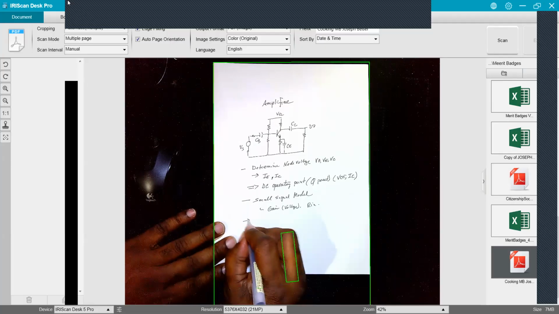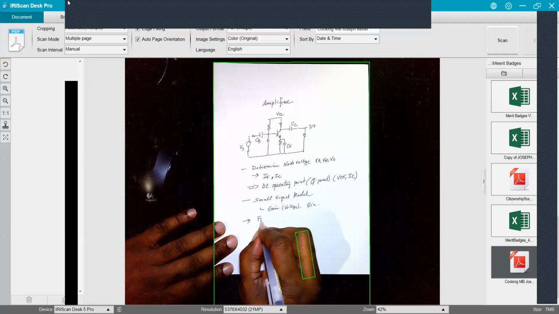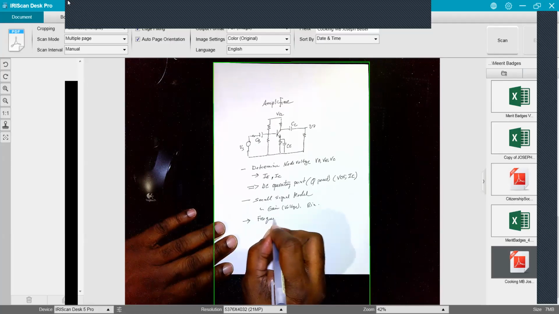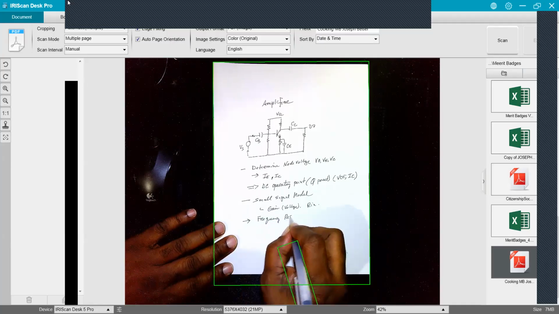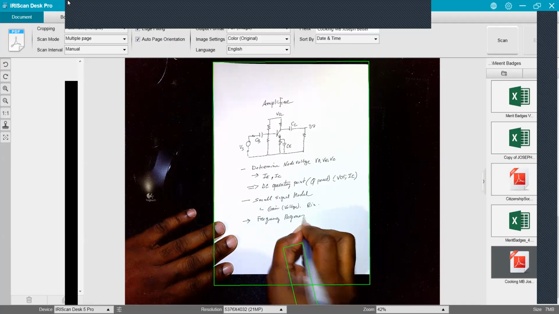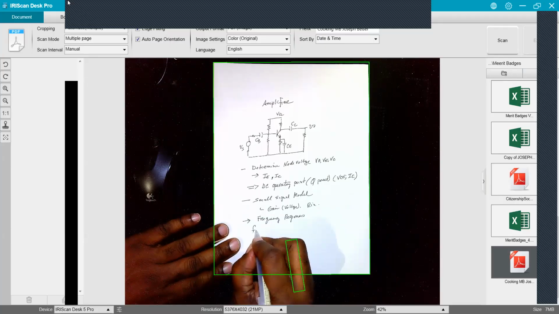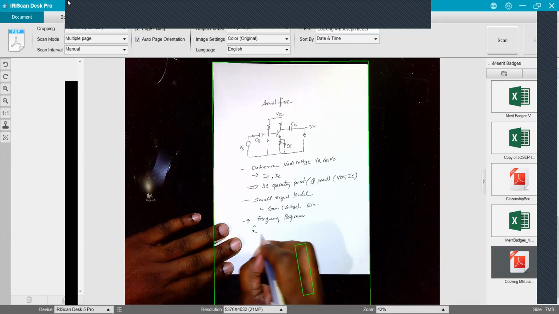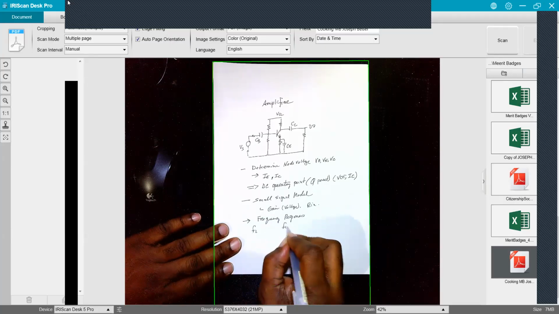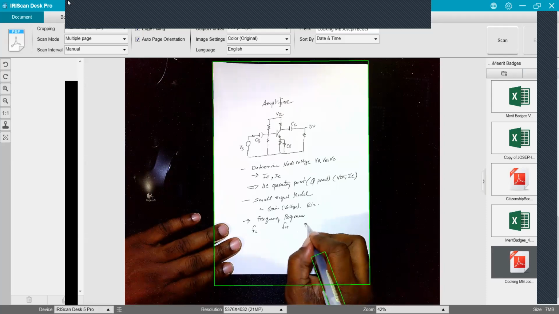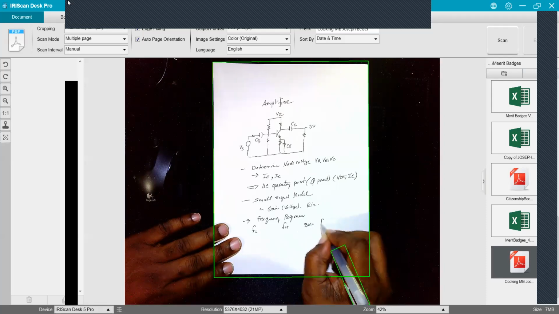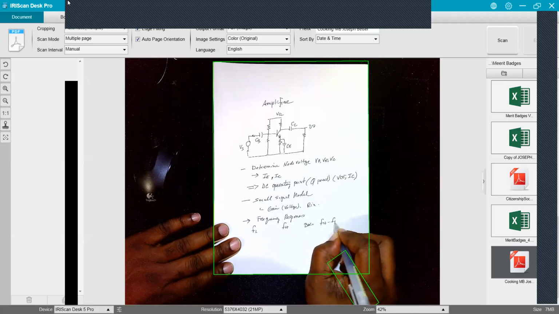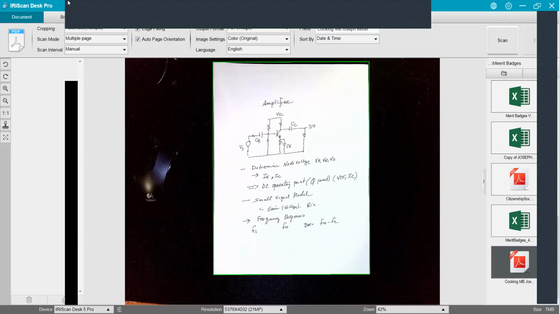And then from there, we get our frequency response. So we get our low frequency poles and our high frequency poles. And from that, we get our bandwidth, which is f sub H minus f sub L.